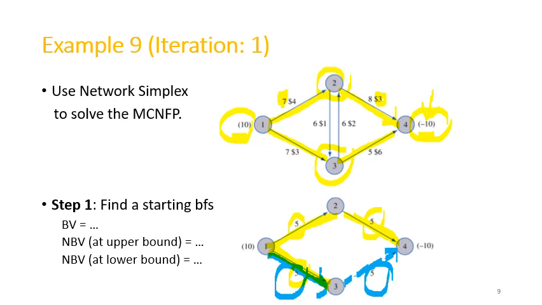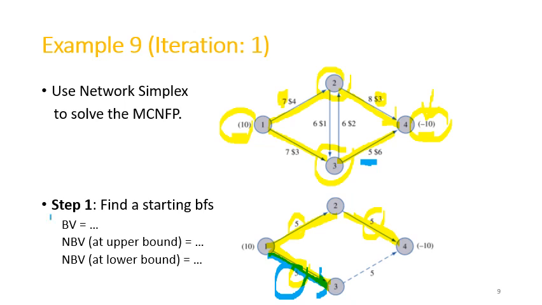Because 5 units exactly equals the maximum capacity of arc 3 to 4, it is drawn in a dashed line, because this is a non-basic variable at the upper bound. Before going to step 2, I would like you to complete these 3 things here.